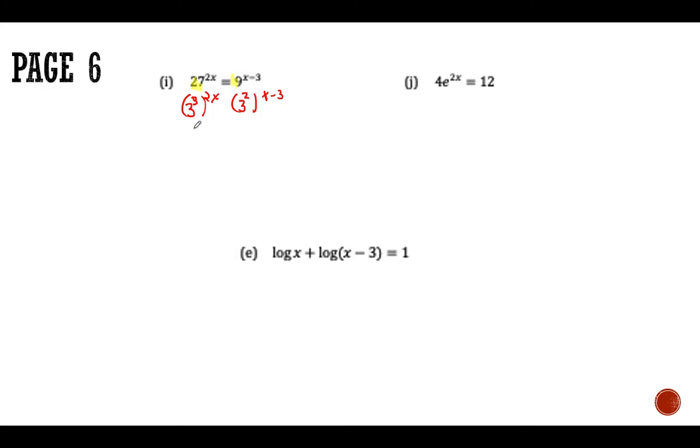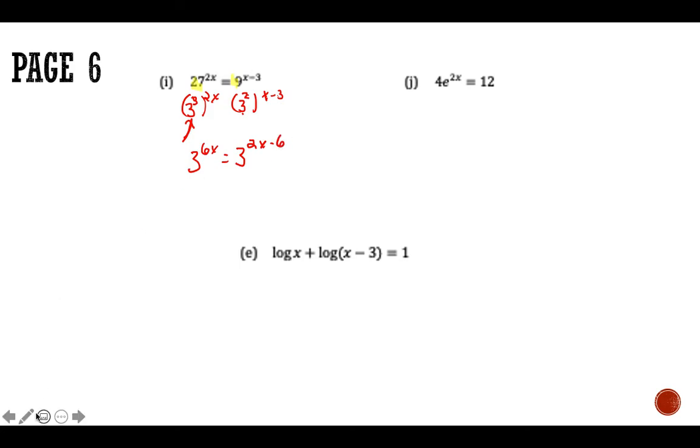Squared. Now, think about your exponent rules. See the base once with multiple exponents, multiply the exponents. See the base once with multiple exponents, multiply the exponents. Don't forget to distribute here.